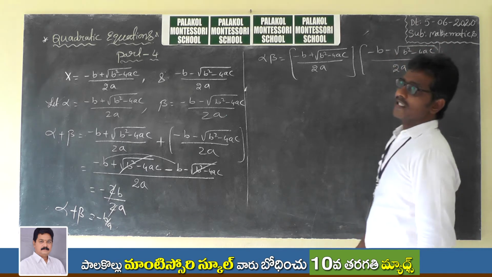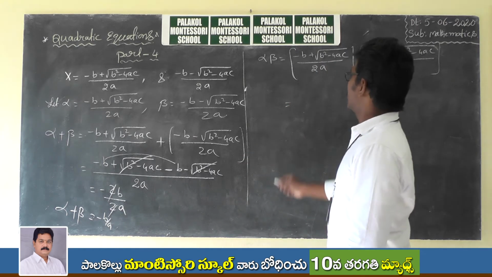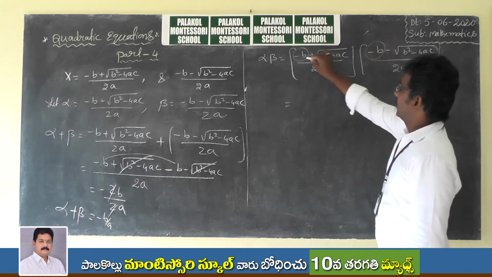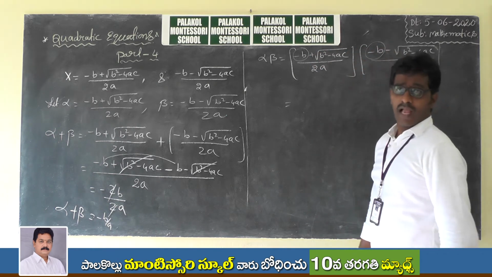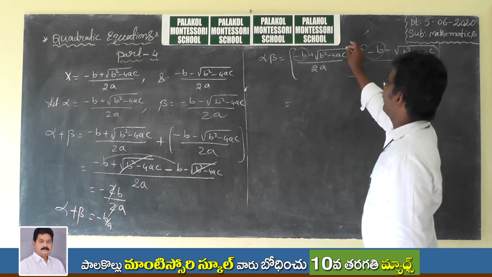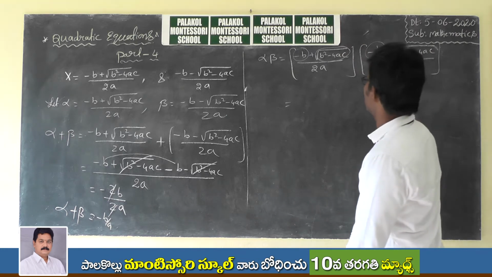Here the operation is multiplication. In both brackets, the first term is the same, and this one is the second term, that means the root term, root of b square minus 4ac.